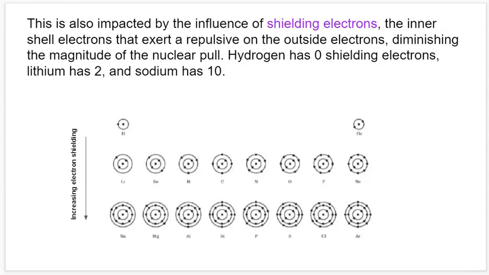So the more shielding electrons there are, the more shells of inner electrons, the more the force on the outer shell electron is going to weaken. If we compare hydrogen, lithium, and sodium again, hydrogen has 0 shielding electrons because it has no inner shells. Lithium has 2, and sodium has 10 because it has 2 in the first shell and 8 in the second.